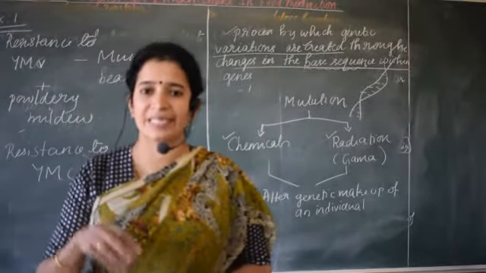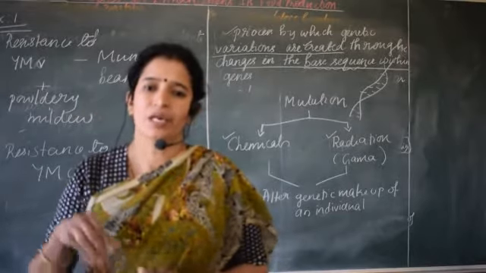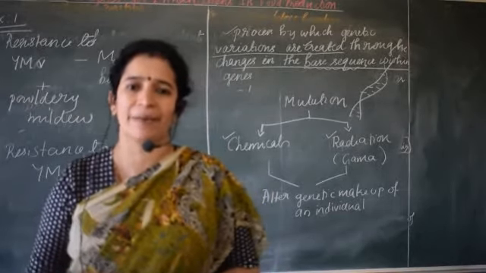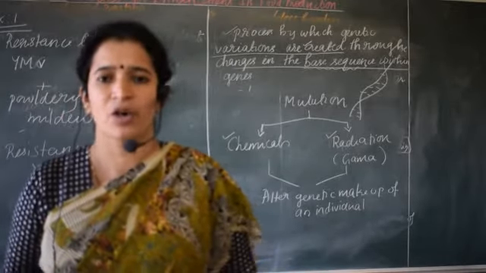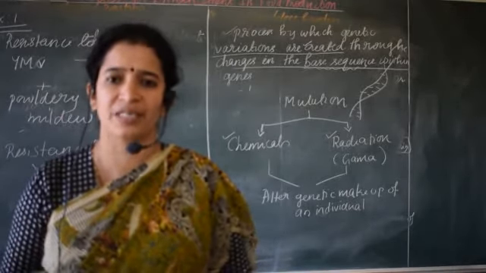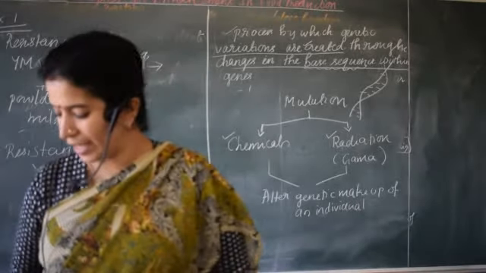So these are some examples to support how insects and pests can be resisted through biochemical, morphological, or physiological reasons.